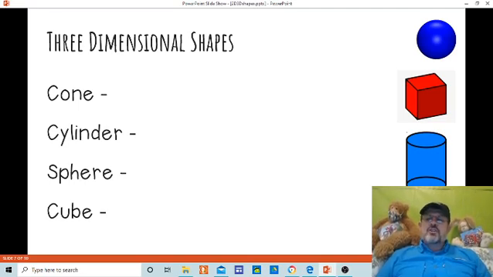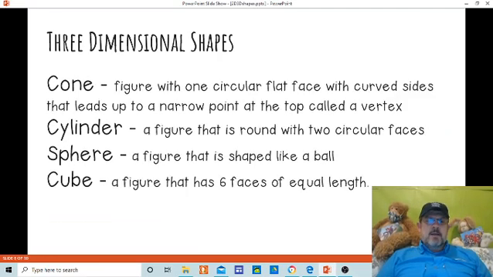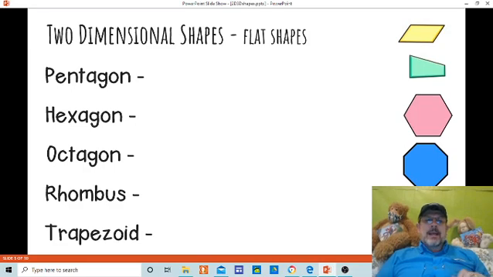But did you know that you could take any of those two-dimensional shapes? Let's go back up there. I could take a hexagonal pyramid. I could do an octagonal pyramid. I could do a pentagonal pyramid.